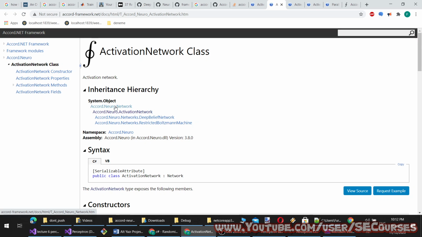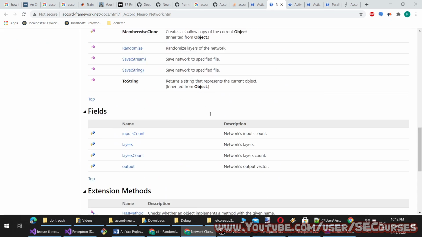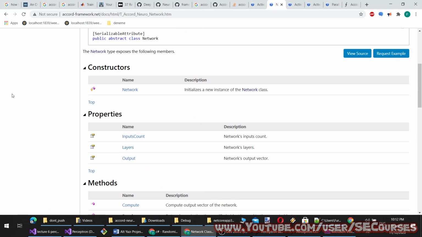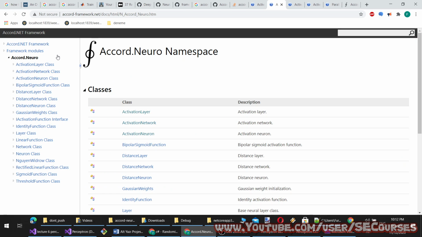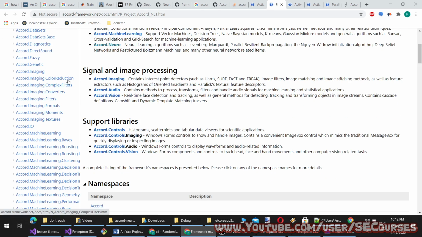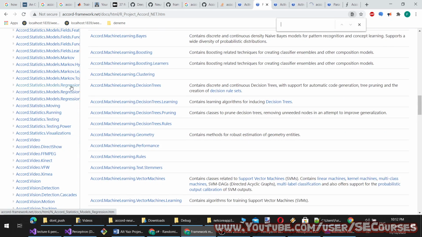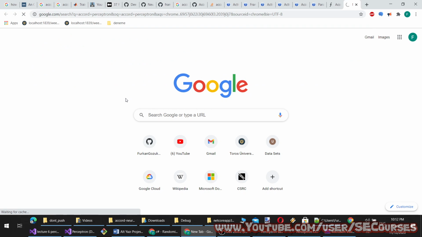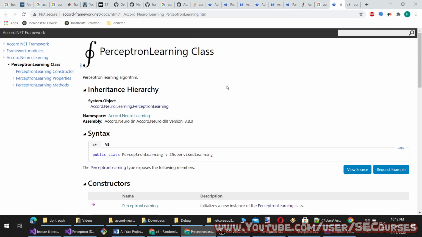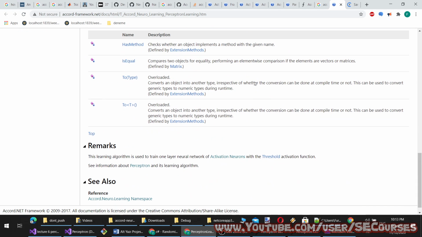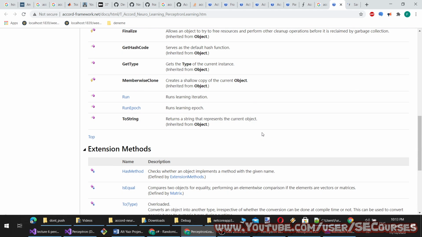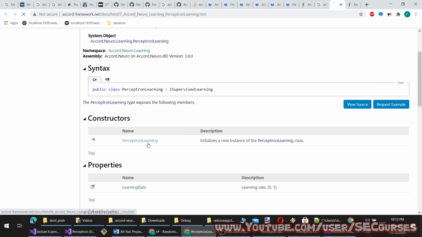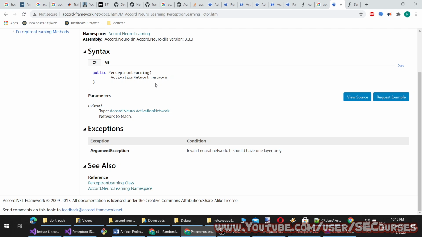This is activation network and there is network and there is perceptron, I think. Invalid neural network, it should have one layer.